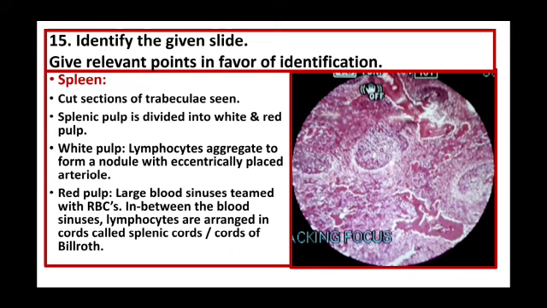The red pulp contains large blood sinuses teeming with RBCs. In between the blood sinuses, lymphocytes are arranged in cords called splenic cords or cords of Billroth.